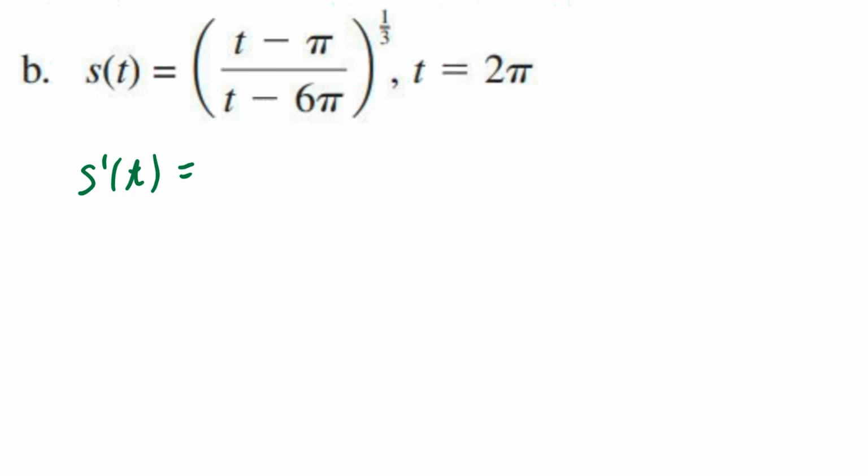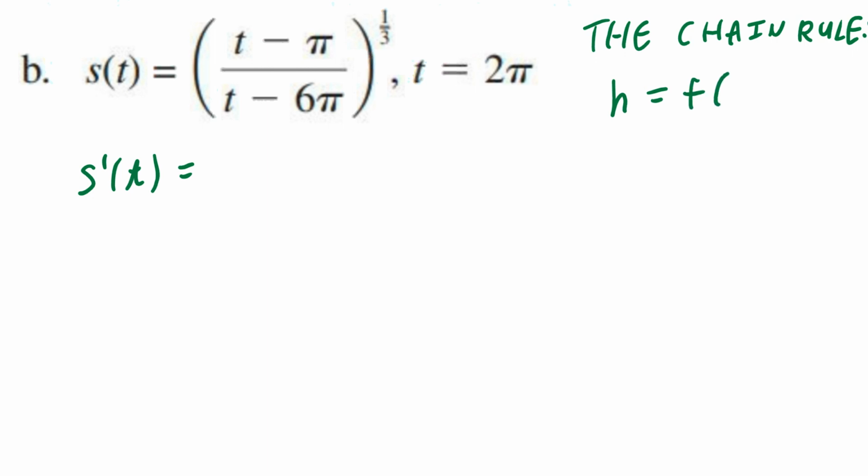And again, just in case you forgot about the chain rule, the chain rule states that if there's a function h, which is in terms of f of g, the derivative h prime equals f prime of g times the derivative of g.